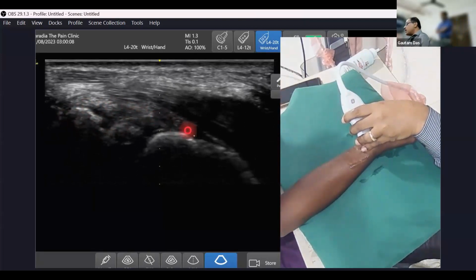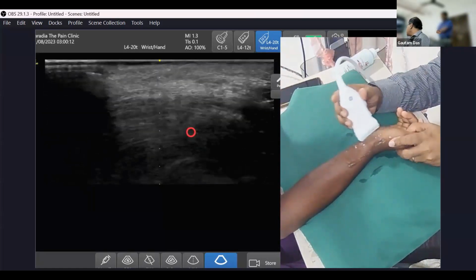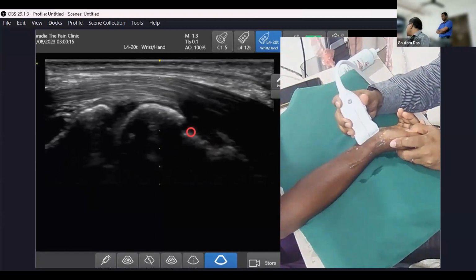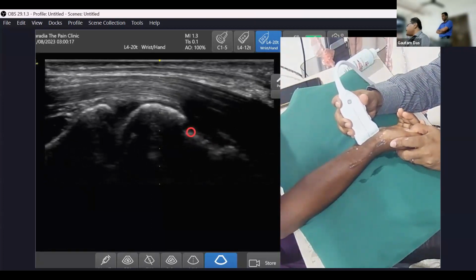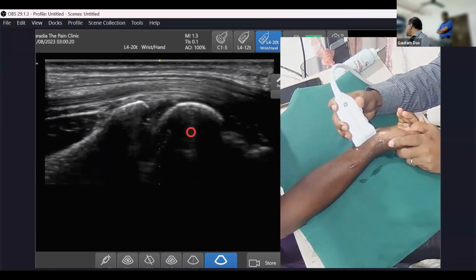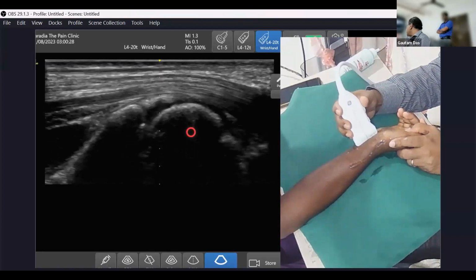Okay. Now come to the ulnar side. Here again, you hold the probe over the scaphoid and the radius. The left hand side is the radius. This is your lunate. The scaphoid is not here. Radius and lunate. Now I'm fixing the distal end over the lunate and rotating the proximal part.